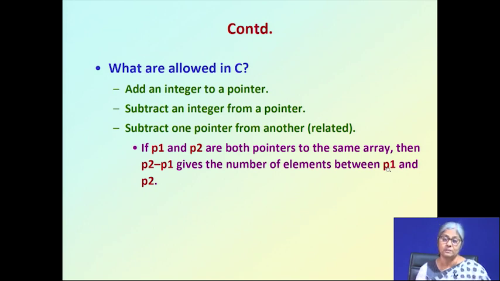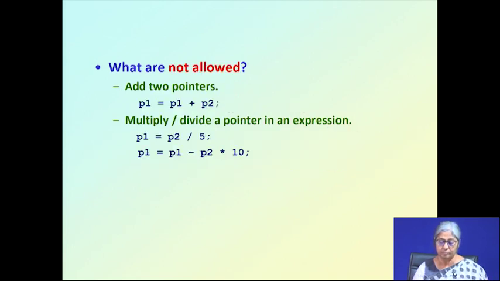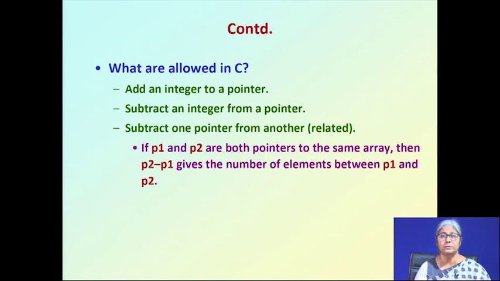So, only subtraction of one pointer from another has some meaning. That's why it is a related type, because it is the same type. If P1, P2 are of different types, then it has no meaning.